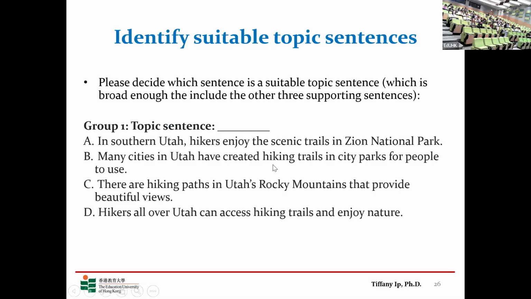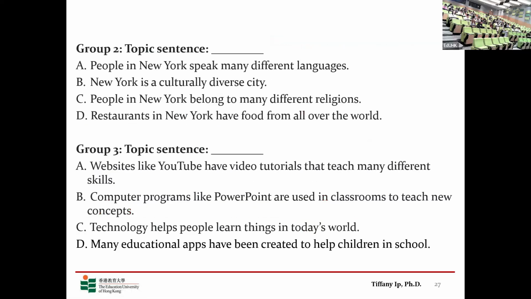And then let's look at group 2. Group 2, what is your answer? B. Yes, no disagreement. So New York is a culturally diverse city. So the term culturally diverse can embrace things like different languages, different religions, and different food. Okay. And what about group 3?